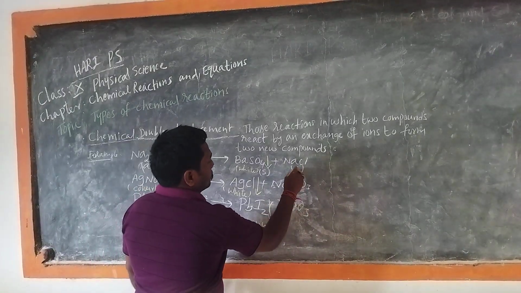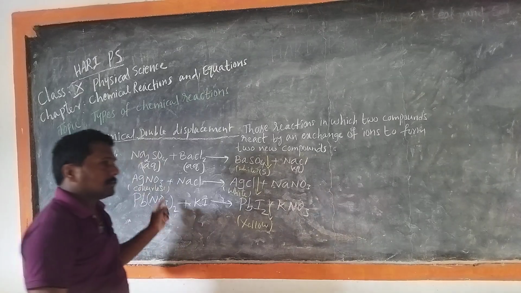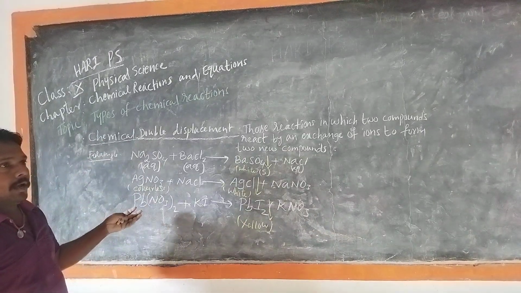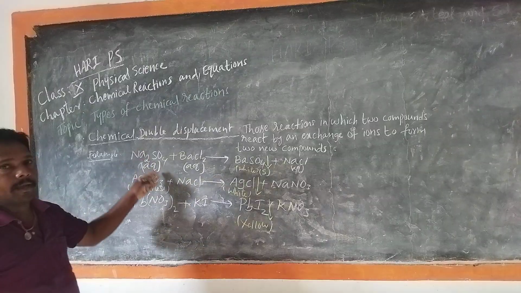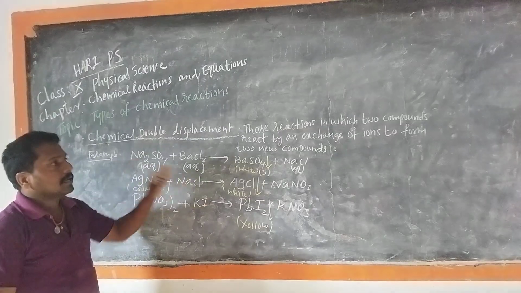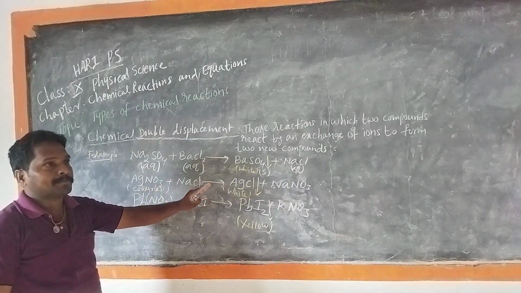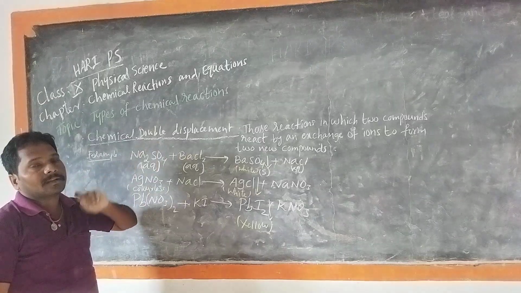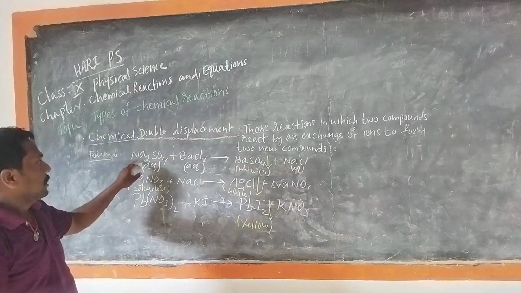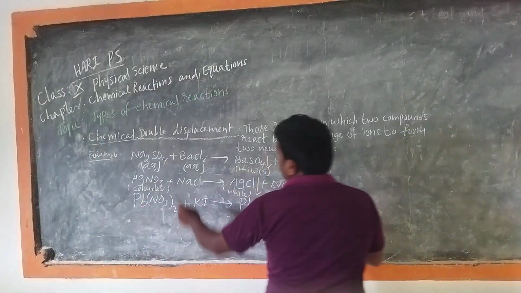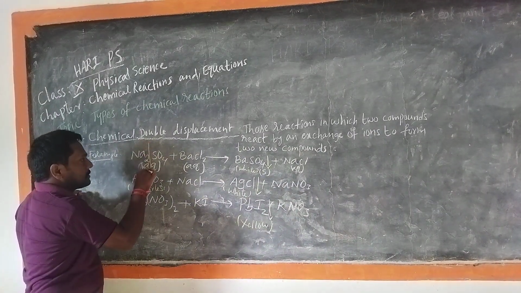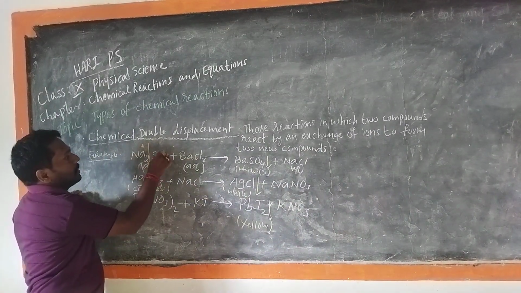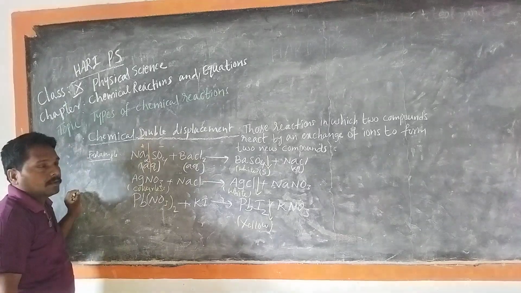Here, let us understand. We already discussed exchanging the ions. If a reaction takes place this way, such a reaction is called double displacement. So here Na2SO4 has Na plus and SO4 minus.